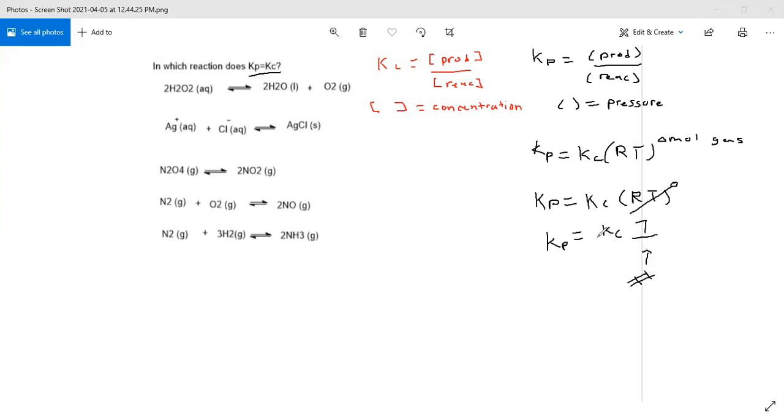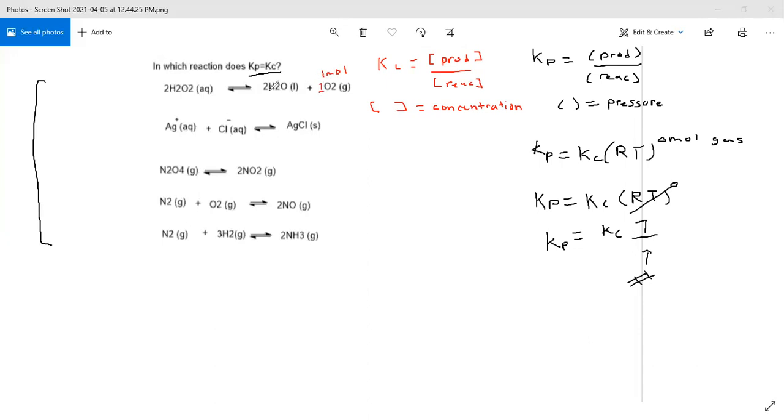So what we're going to do is look at these problems over here on this side and try to figure out where the change in moles of gas is going to be 0 so that we can get a Kp that equals a Kc. So here we go. The first one here, we have 1 mole of gas, right? Because there's an invisible 1 every time you don't see a coefficient.